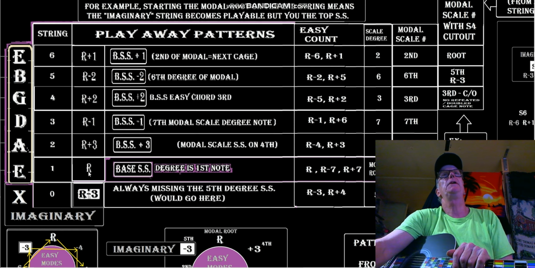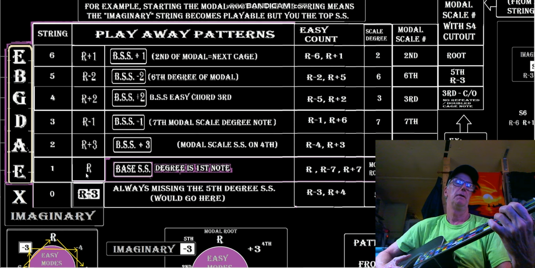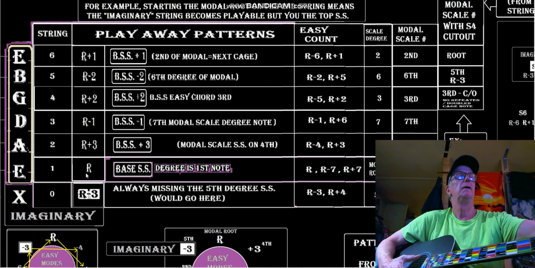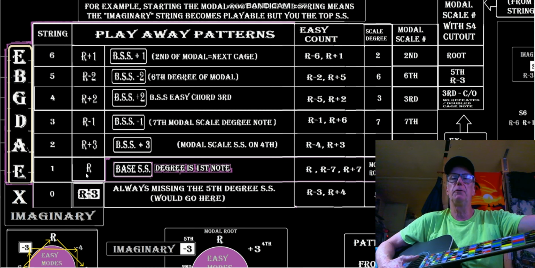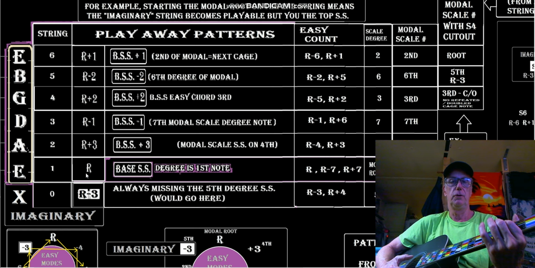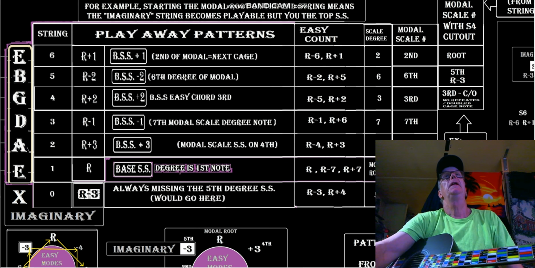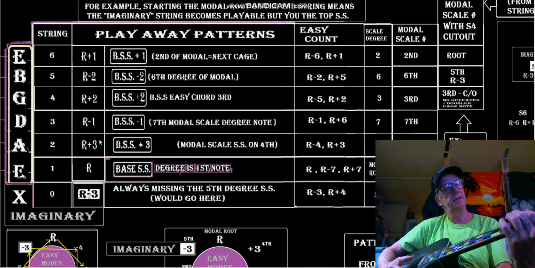So if we have a bass string shape on the bottom, let's say root, 2, 3, actually down here. It's a little lower for most guitars, but it ends on low E. Then the next string shape up is going to be 4, 5, 6.